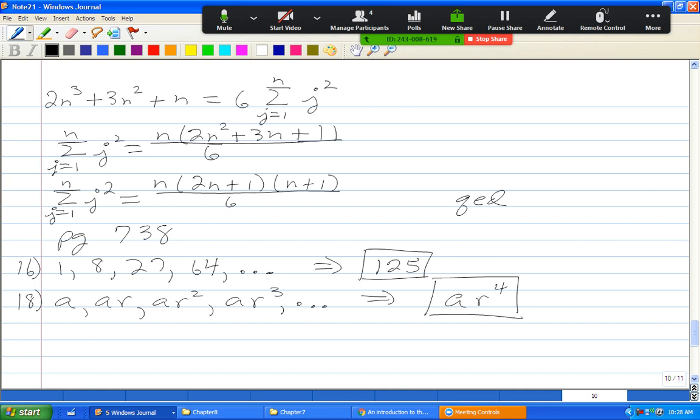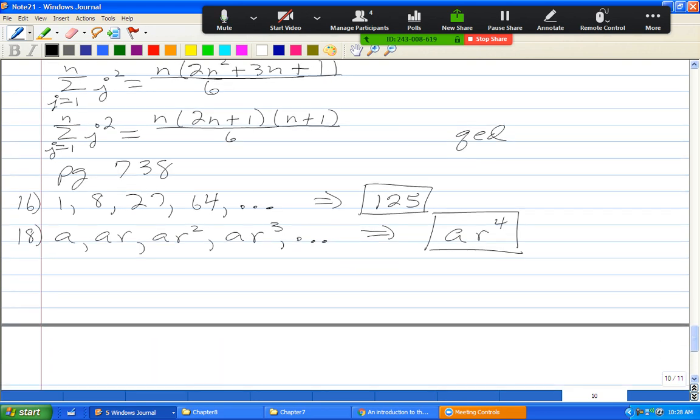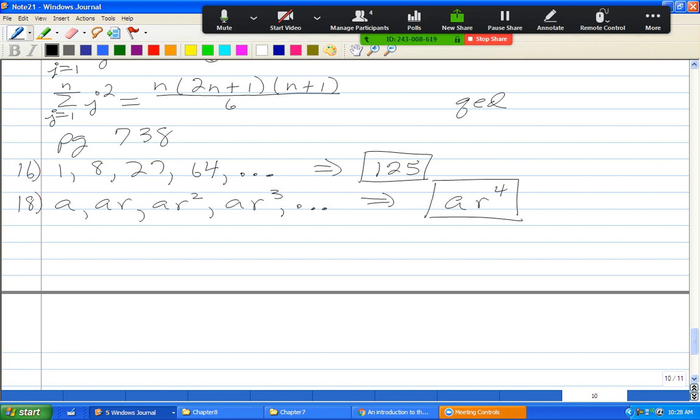Let's do the following. How about problem number 30? It says a sub 1 is negative 5. a sub n plus 1 is equal to negative a sub n minus 3.